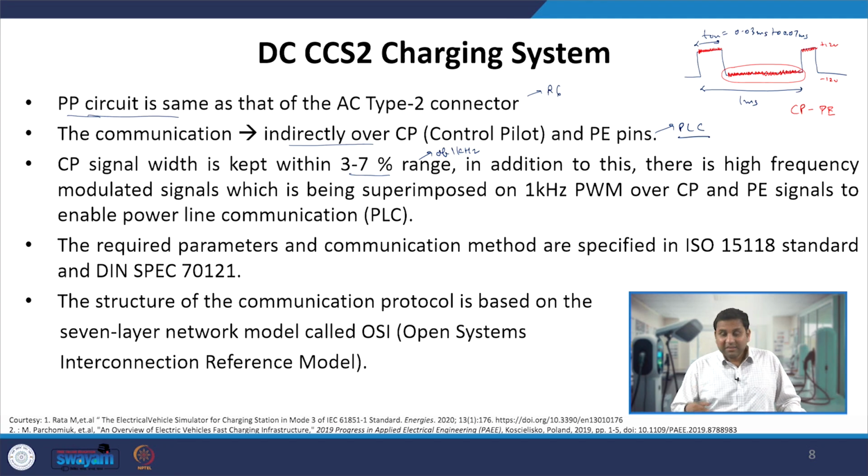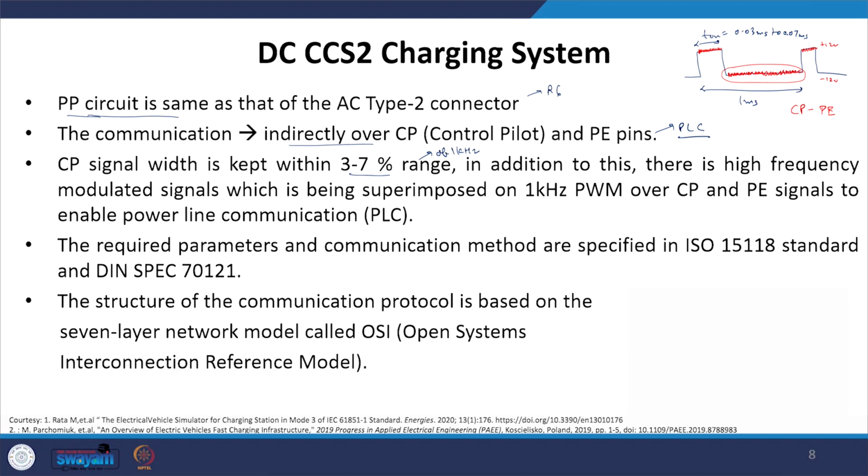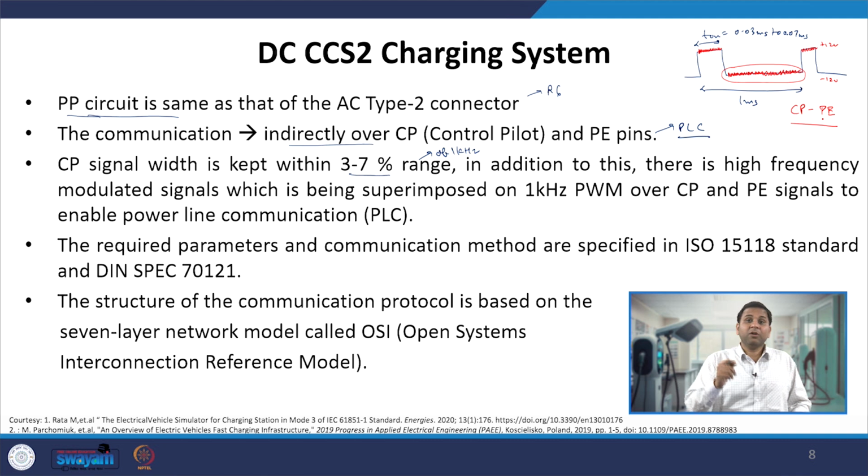Here we have the high frequency modulated signal superimposed onto the 1 kilohertz PWM which is happening over the CP and PE line. One thing to be noted is that the power line communication is taking place over the CP line, the control pilot line, not the DC plus and DC minus line. It is happening over the CP line.